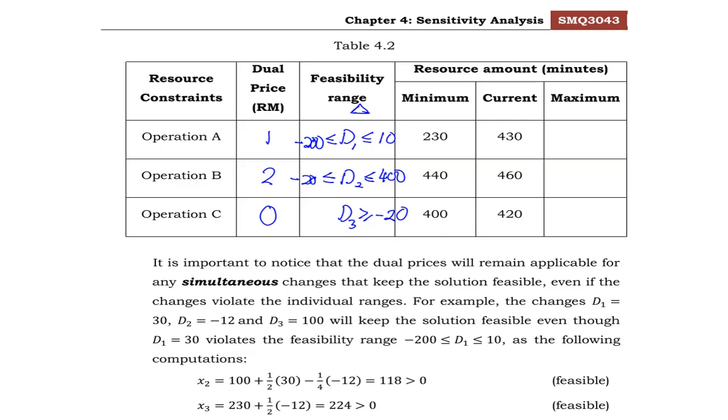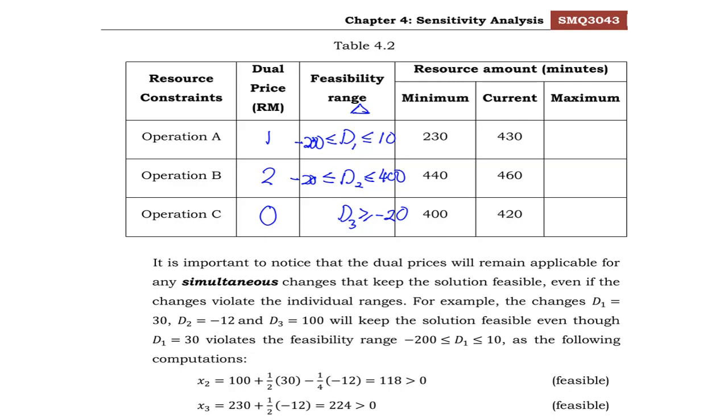at column current. So 430 for the first right hand side, second right hand side 460, third right hand side 420. So according to this feasibility range, the change for this right hand side can be decreased by negative 200.